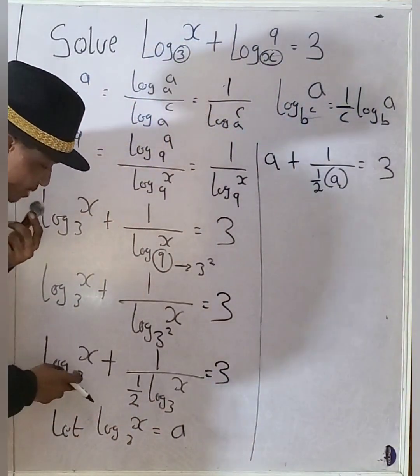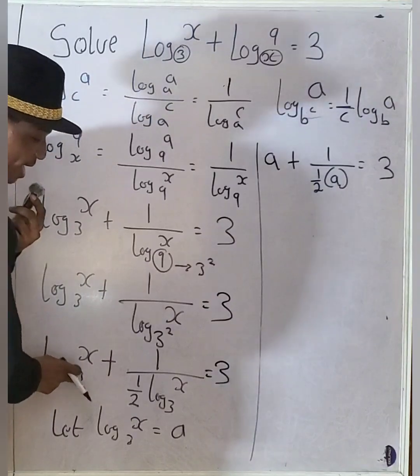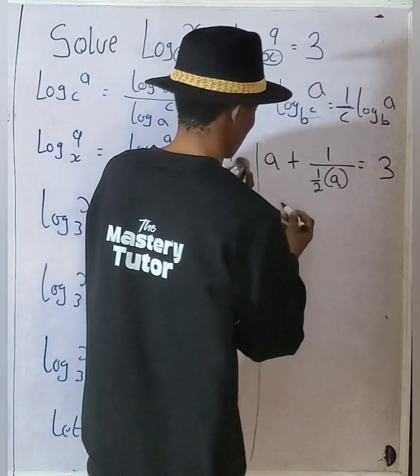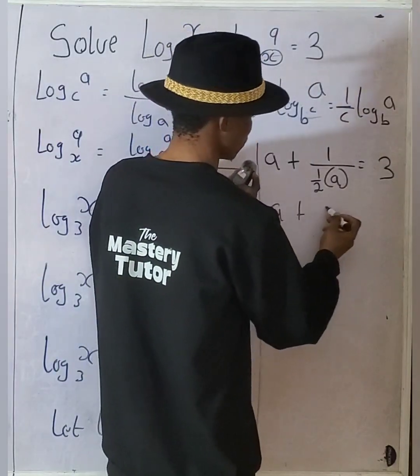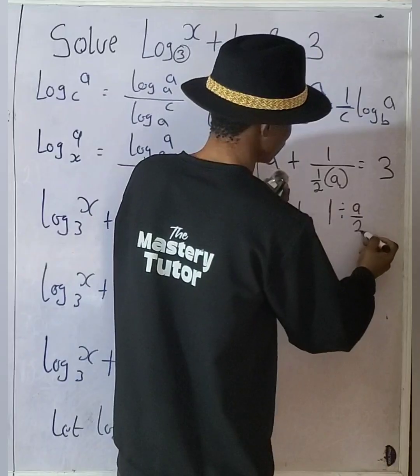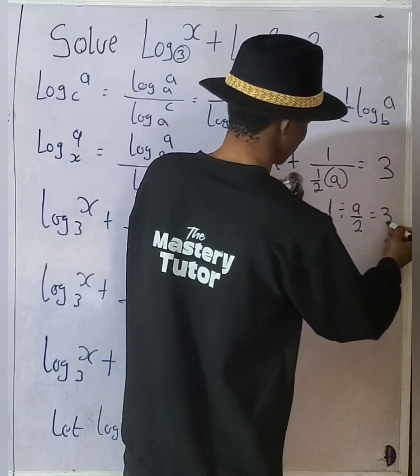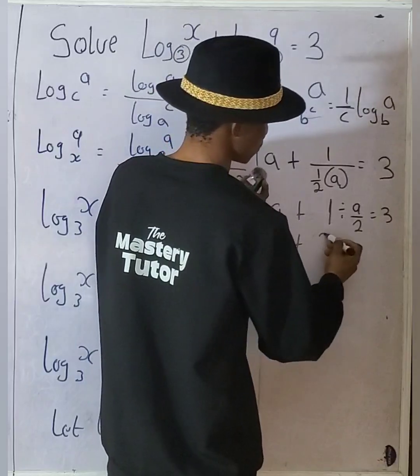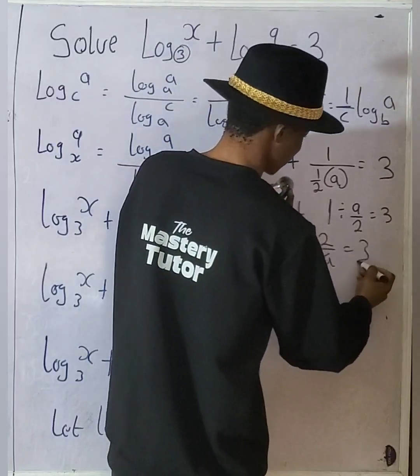So I replaced the value of log x base 3 with a. Do you understand? Okay, let's simplify further. I'm going to have a plus 1 divided by a over 2 equals 3. Are you getting it? So here I'm going to have a plus a over 2 equals 3.